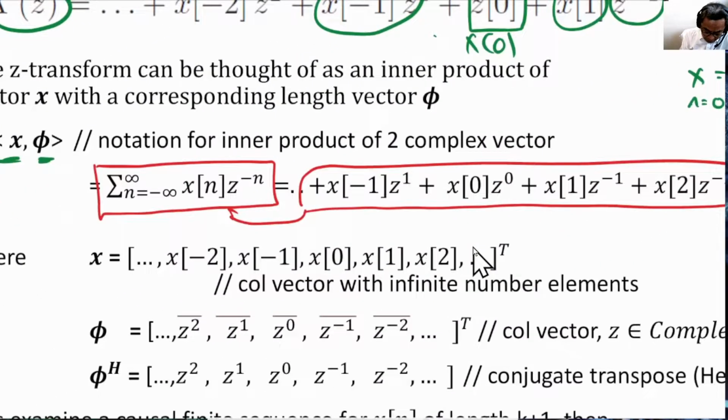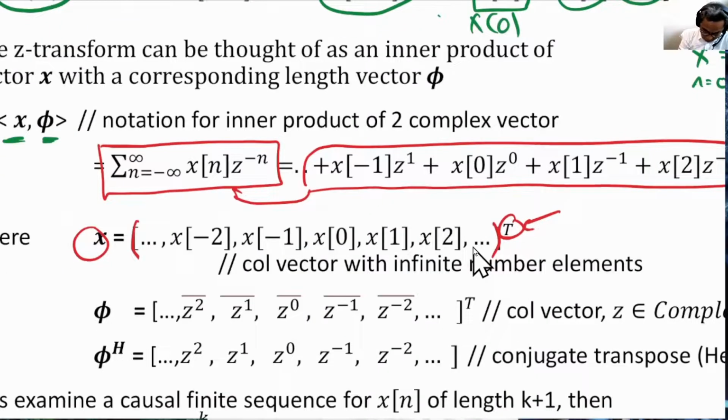To save space, when we write the vector x in this way, we include the transpose here to write it as a row representation. The transpose will push the vector from a horizontal position into the vertical one. The phi is also with transpose.